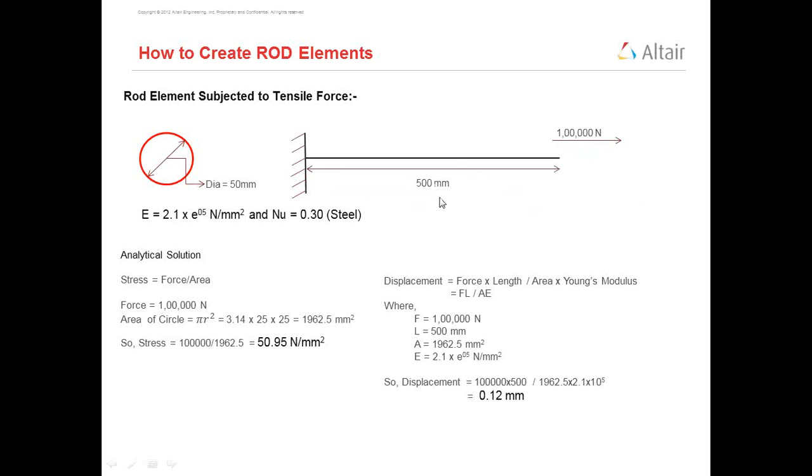The total length of this rod is 500 mm. The values of E and nu are taken for steel, and the analytical answers have been calculated as a stress value of 50.95 and a displacement or deflection of around 0.12 mm.